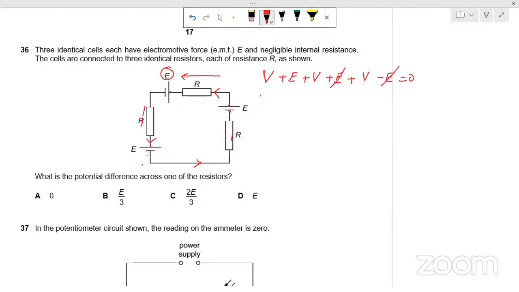So what is the voltage across each of the resistors? 3V is equal to E, so V is equal to E divided by 3.